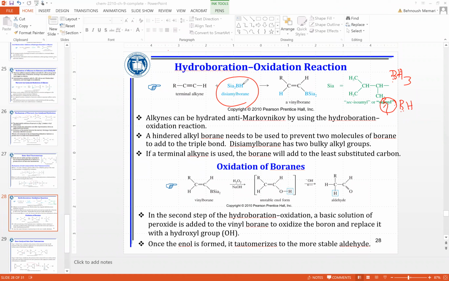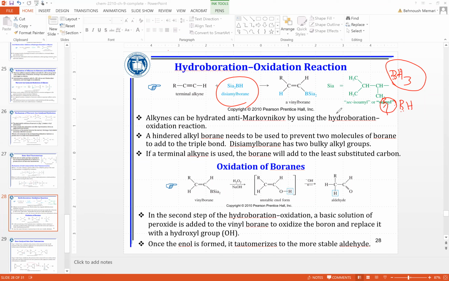It is basically a poisoned reagent that would limit the number of water molecules being added to the alkyne. Because two water molecules can be added, we want only one water molecule to be added. So instead of using borane, we are using poisoned borane.